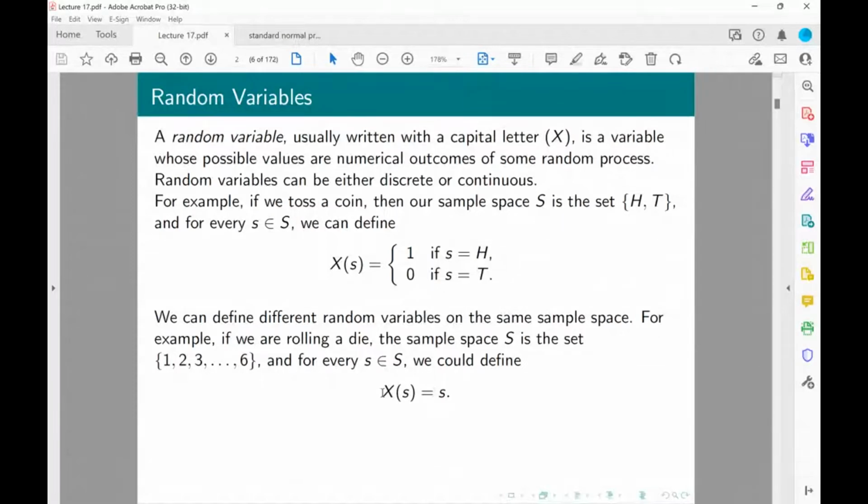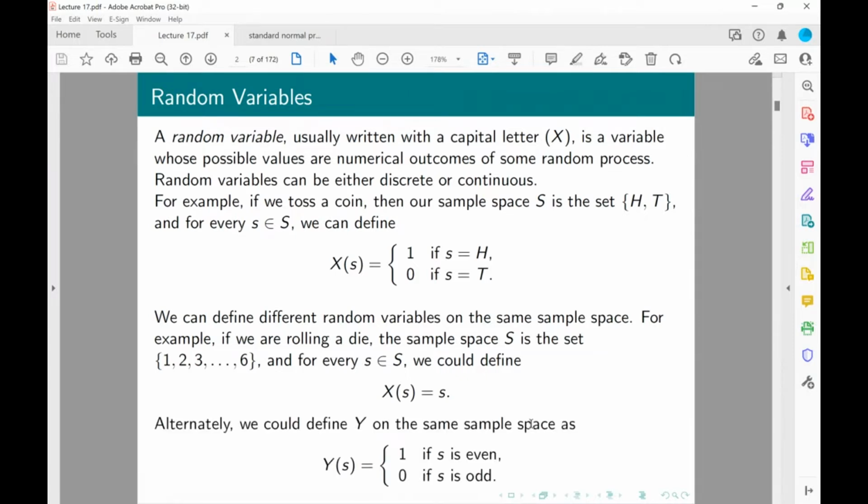So this X represents the dice value of a random face. Or we could even define something called Y, which would be 1 if S is even, or 0 if S is odd. So it would indicate whether the dice face was even or odd. Is it pretty clear, straightforward?